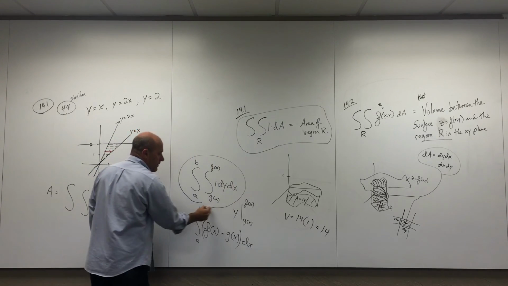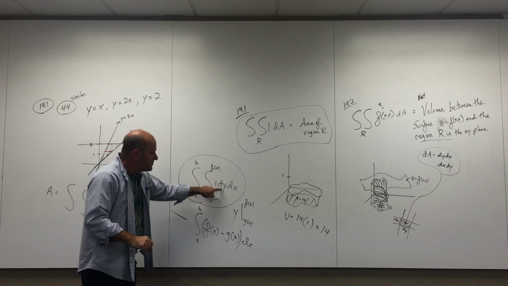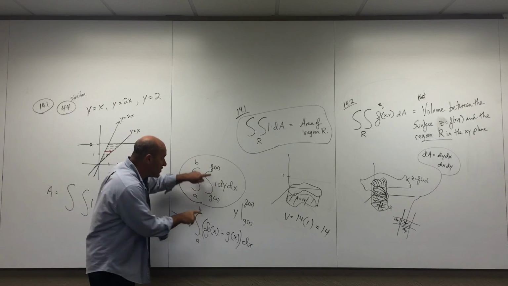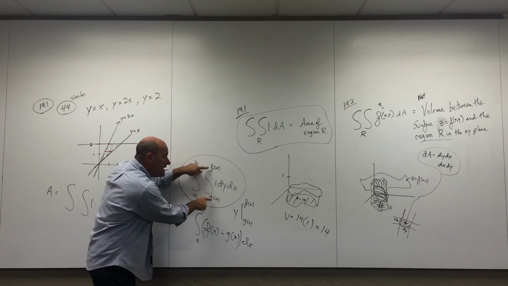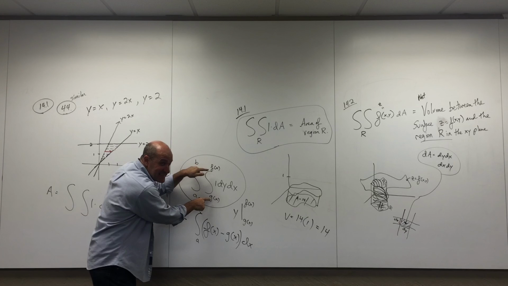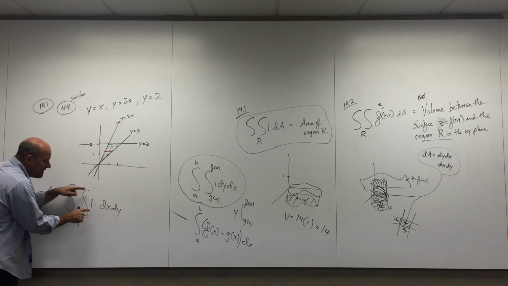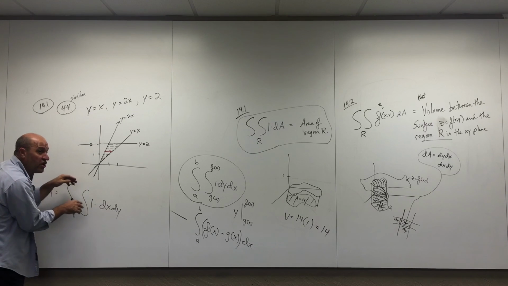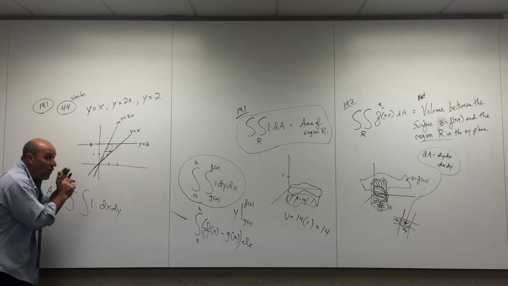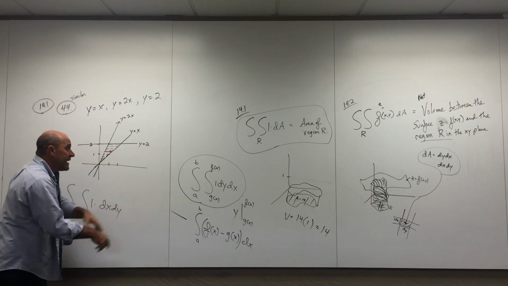When we integrate with respect to y, the bounds are y values, but they're written in terms of x. If I'm integrating with respect to x, then these bounds are x values, but they're the functions solved for x in terms of y.